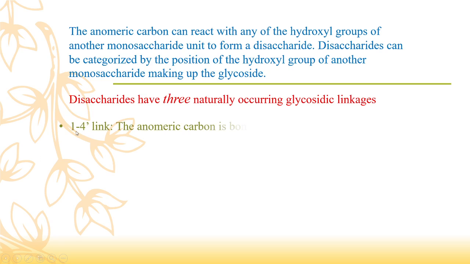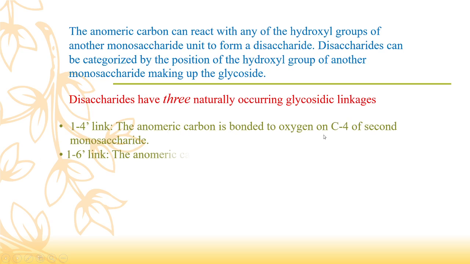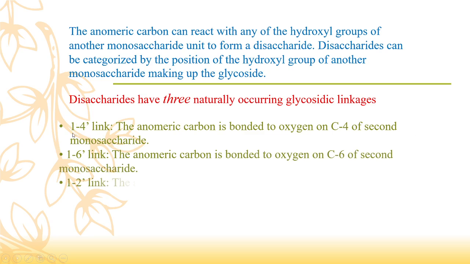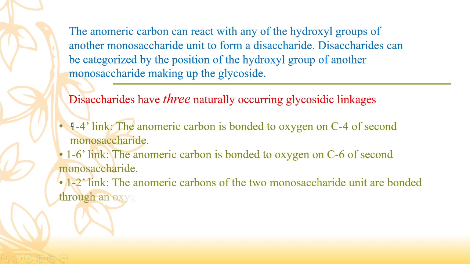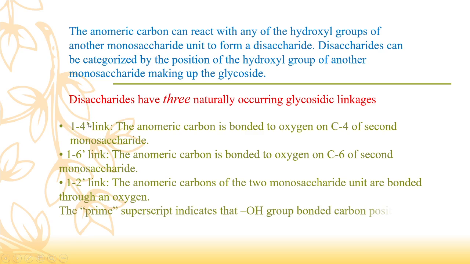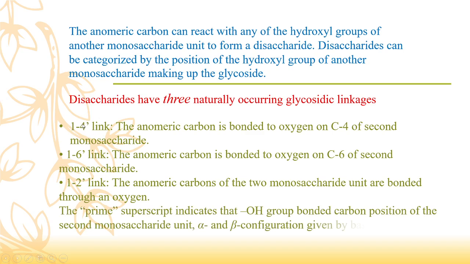So the first link is a 1,4 link. The anomeric carbon is bonded to the oxygen on C4 of the second monosaccharide. That means in the 1,4 linkage, the 1 comes from the first monosaccharide. That means this 1 is the anomeric carbon of the first monosaccharide, and this 4 is the number of the carbon bearing the hydroxyl group of the second monosaccharide.